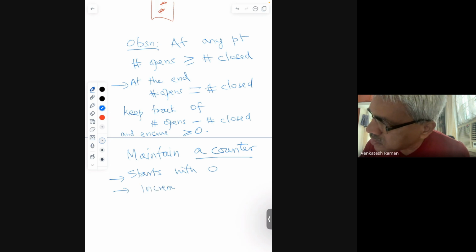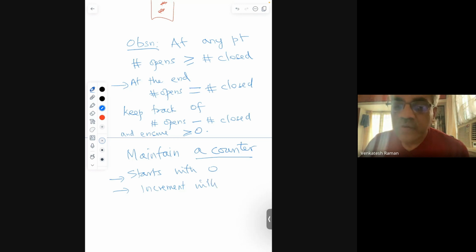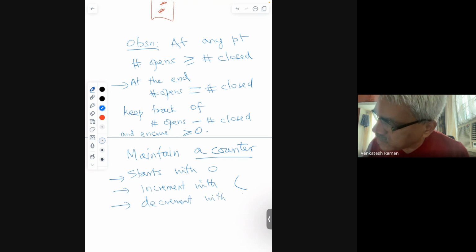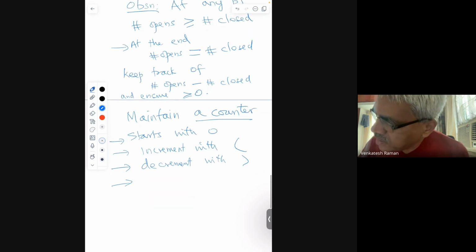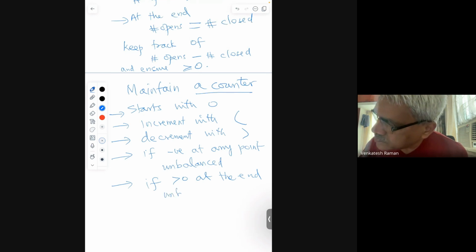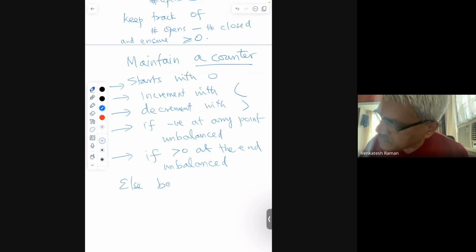Increment with an open bracket and decrement with a close bracket, and if negative at any point, unbalanced, and if greater than 0 at the end, unbalanced. Else balanced.